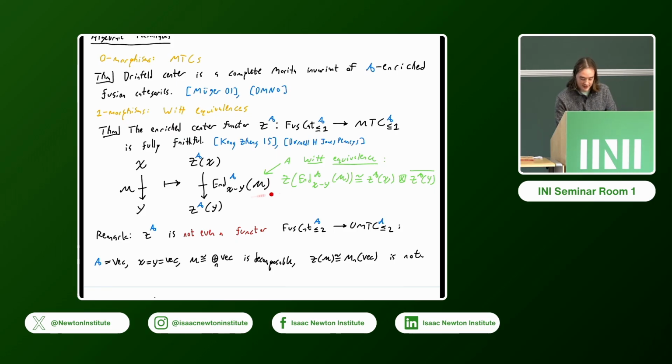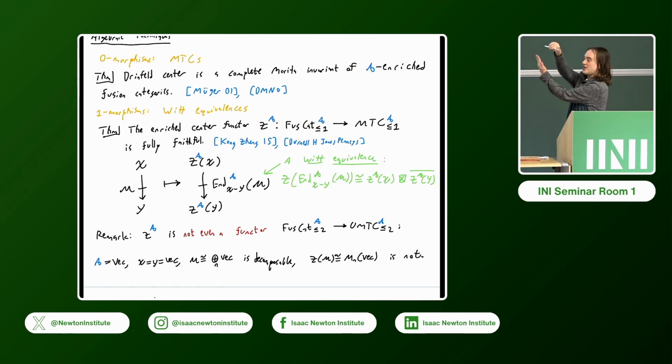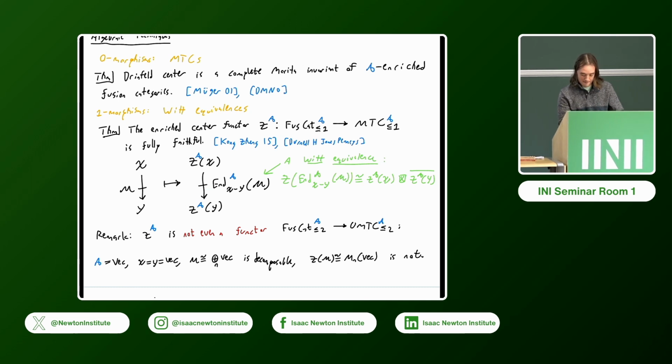You should think of these things as being excitations that can move topologically, sliding up and down, but only on the wall. And these things are the topological excitations that move around in the bulk. If I take something in the bulk from the left or from the right, I can smash it into the wall and see what it is as a wall excitation. That gives me an action. And so this is a fusion category, which is a bimodule for these modular tensor categories.